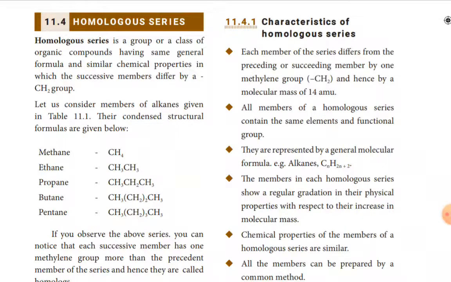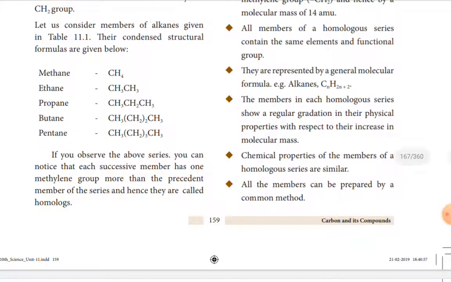If you observe the above series, you can notice that each successive member, meaning the next member, has one methylene group more than the preceding one, hence they are called homologous.